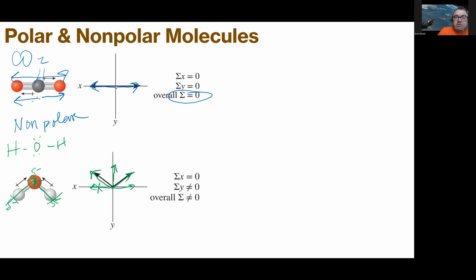So this piece over here and this piece over here cancel each other out. That's what they're saying, the sum of x equals 0. When you're looking at the other piece of this, there's no down. Nothing in here is pointing down to cancel out all the stuff that's pointing up. So the y, the pointing up part, is not equal to 0. So overall, this thing has a leftover dipole moment, and this thing is polar.